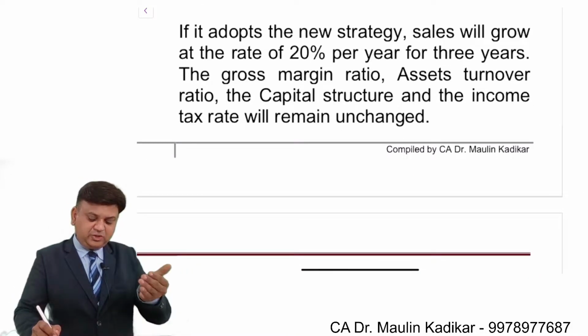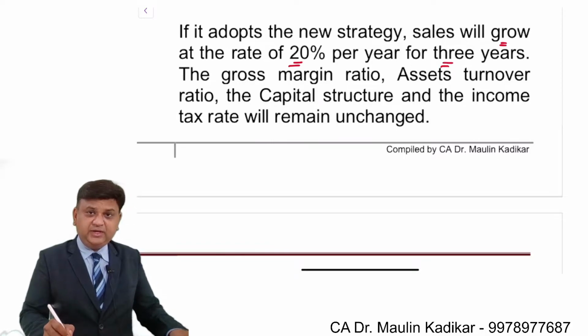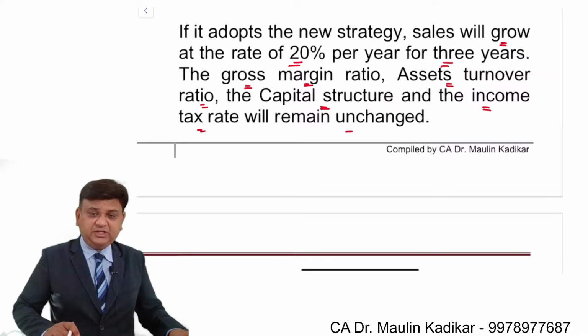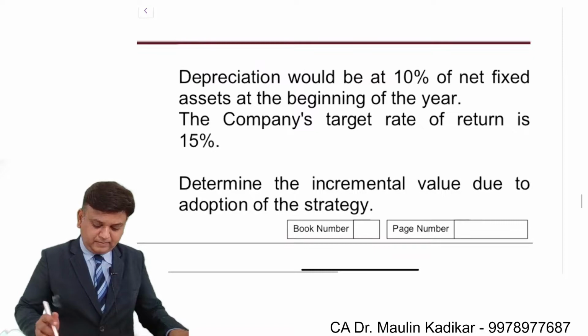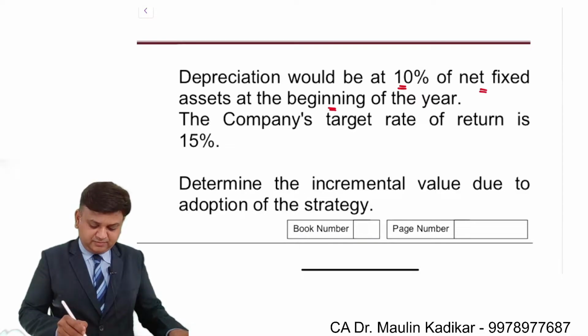In that, fixed asset, current assets and equity share capital is given to us. If it adopts new sales strategy, sales will grow at the rate of 20% per year for 3 years. Gross margin ratio, asset turnover ratio, capital structure and income tax rate will remain unchanged. Depreciation would be 10% of the net fixed asset at the beginning of the year.